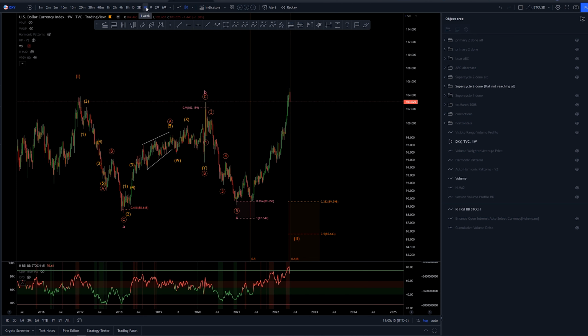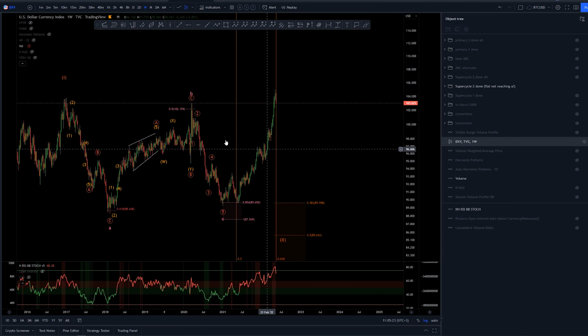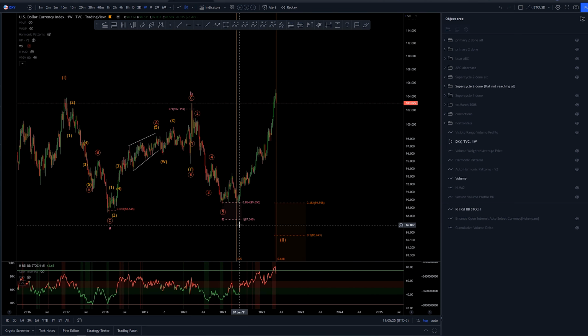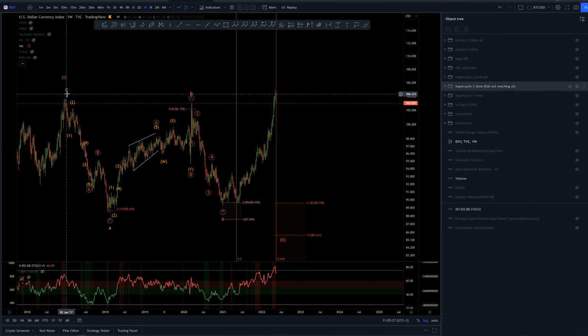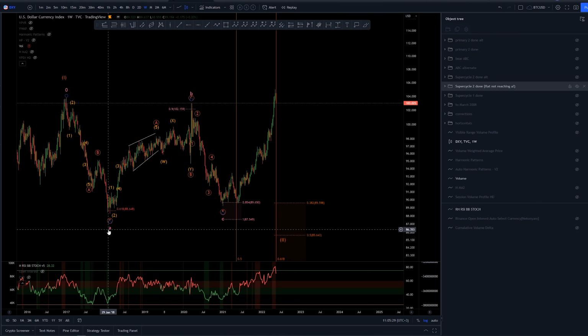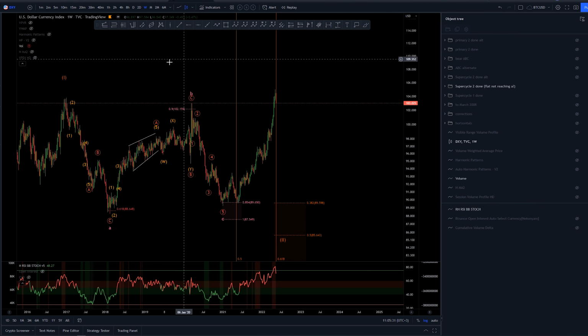Again, we're on a weekly time frame here as we are looking at very high time frame structures, so bear that in mind. I presented this as an ABC, however I'm not quite sure if this is the case. This wave C, this whole structure is not really any structure that I can see.